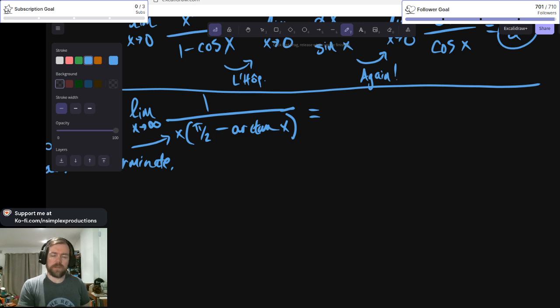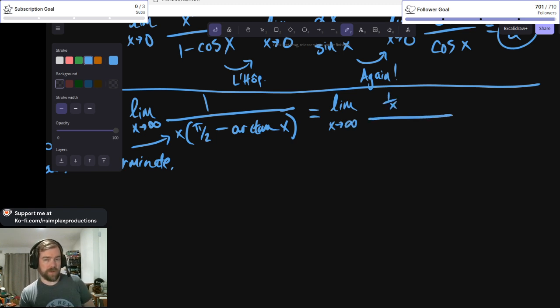So if we take the derivative of both top and bottom, well, there is a little bit of a problem there. The top is going to become 0. So instead what we do is we say, okay, hang on. Take the limit as x goes to infinity of 1 over x on the top and pi over 2 minus arctan of x on the bottom.